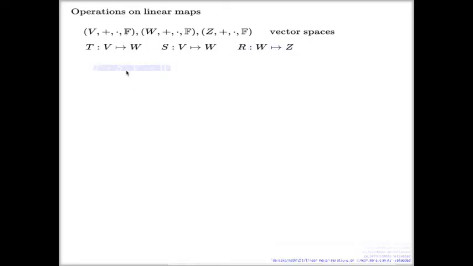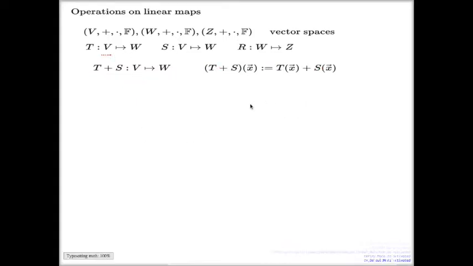In fact, these operations you can build on any maps. Sum of linear maps, and that's how you write this, T plus S. That's the map which will take V into W, because T takes V to W, and that's how you define it. Sum of T and S on a vector x, by definition, that's my symbol, colon next to equal sign, is just the sum of T on x and S on x.